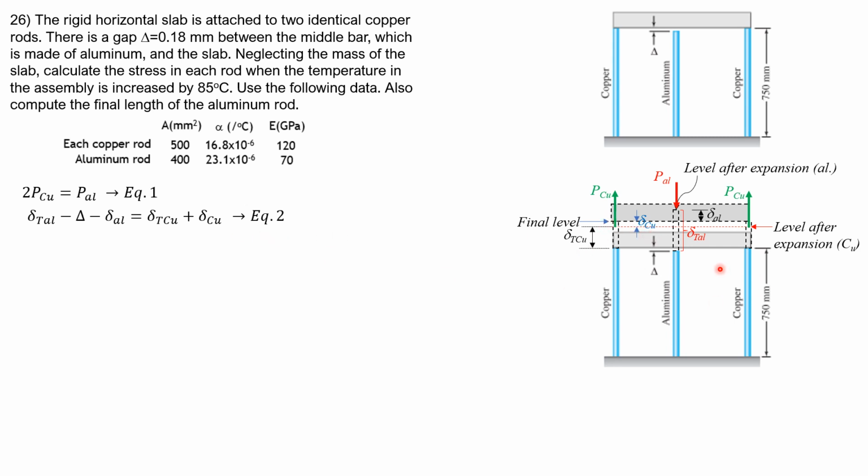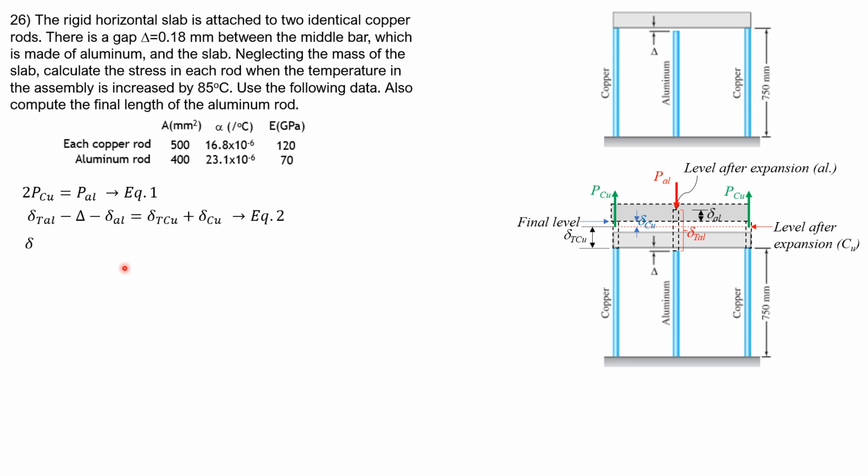I hope that you can follow. It's in the figure. So delta T thermal expansion of aluminum minus the gap minus delta A of aluminum would be this distance here, the net upward movement, which is equated to delta T Cu plus delta Cu.